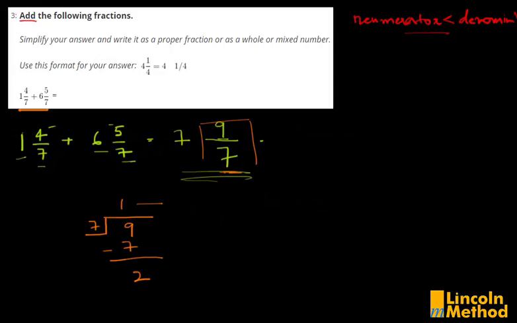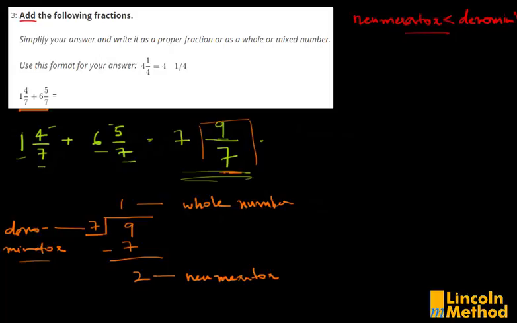So this is our whole number. The remainder that we have here is going to be the numerator for this new fraction, and the 7 is the denominator. The denominator remains the same in almost all cases.